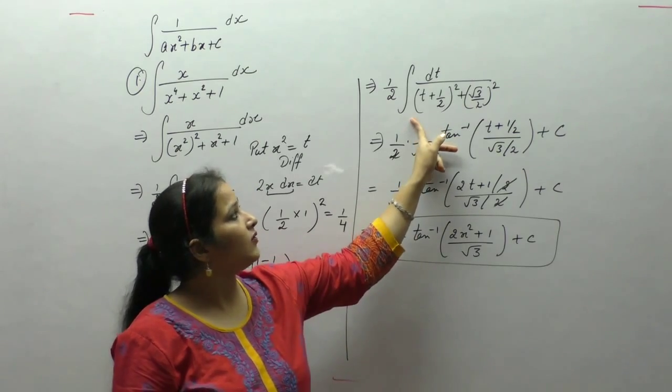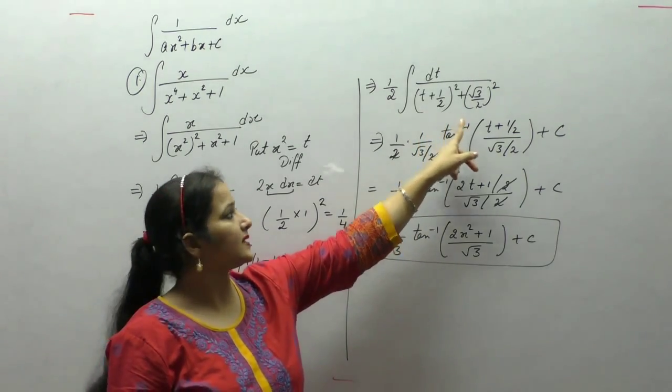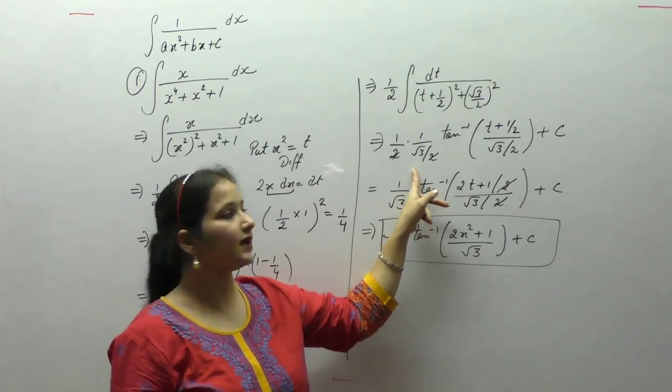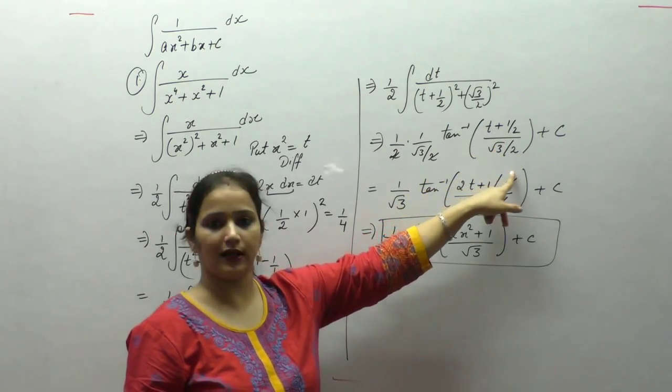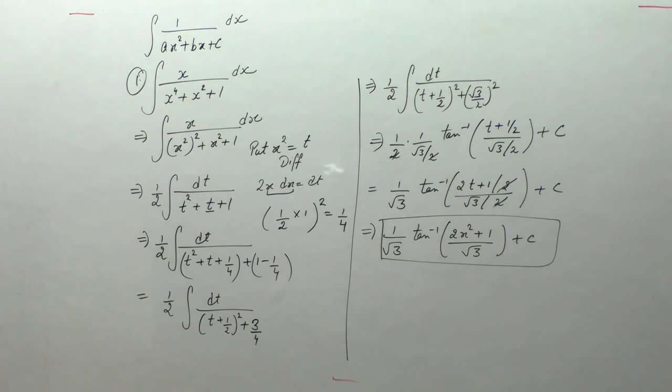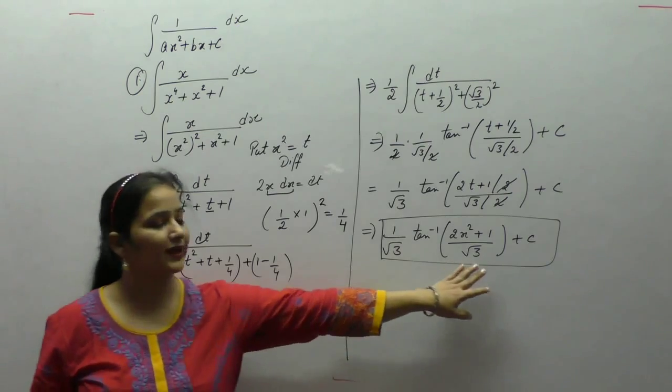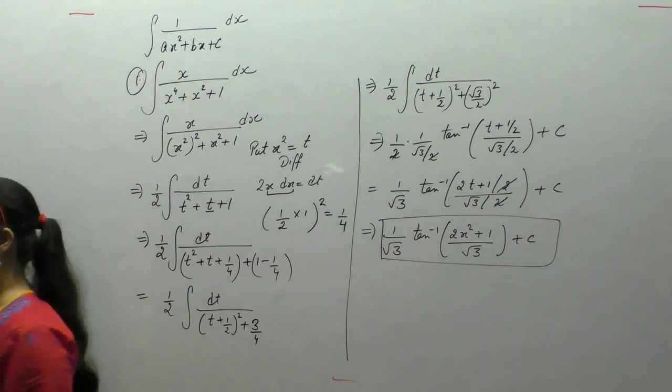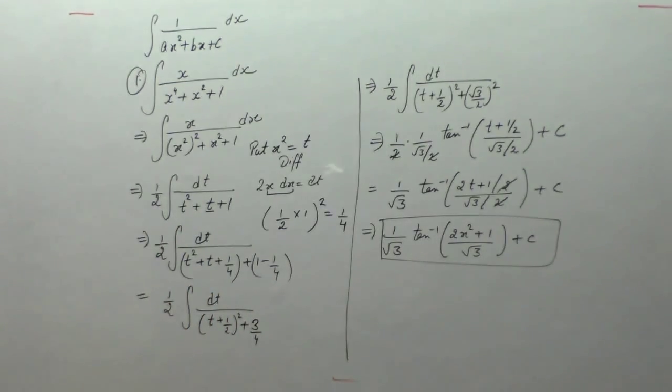Now the integral of 1 upon x square plus a square is equal to 1 upon a tan inverse x upon a. Put the value of t. The answer is 1 upon square root of 3 tan inverse of (2x square plus 1) upon square root of 3, plus c.